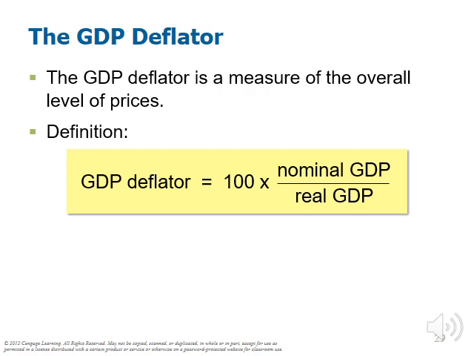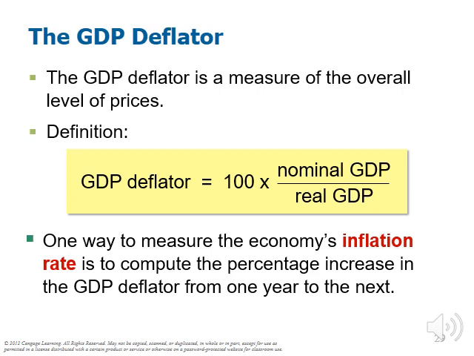One way to measure the economy's inflation rate would be to compute the percentage change in the price level from one year to the next. Here, we're using the GDP deflator to measure that price level. If you need to take a moment to write down the equation, do so. We're going to be using it in subsequent slides.